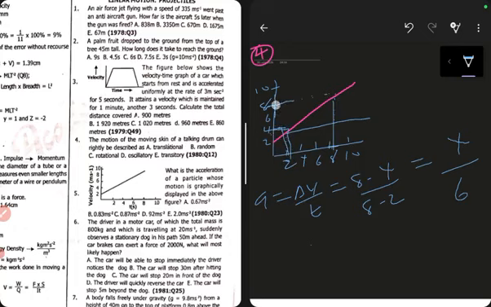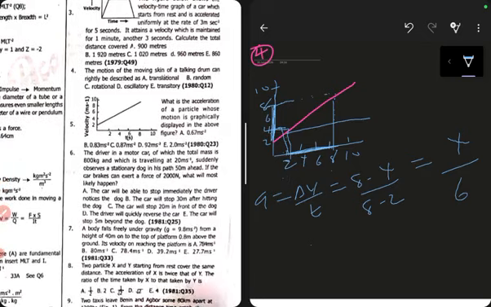So acceleration is change in velocity, on the y-axis, which is 8 minus 2, over change in time, from 2 to 6, which is 6. So that's the answer to that question. So next question is question 7.